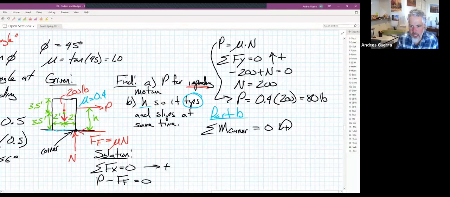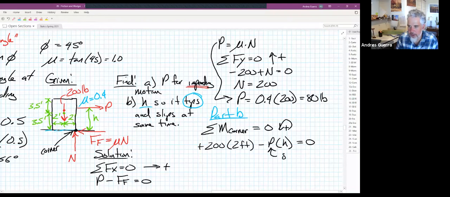And so what do we have going on? We have our 200 pounds at a distance of 2 feet, and it's going to cause a positive rotation. And then we have our minus P times that distance H, which is what we're looking for. And so when we solve this, we know P is equal to 80 pounds.